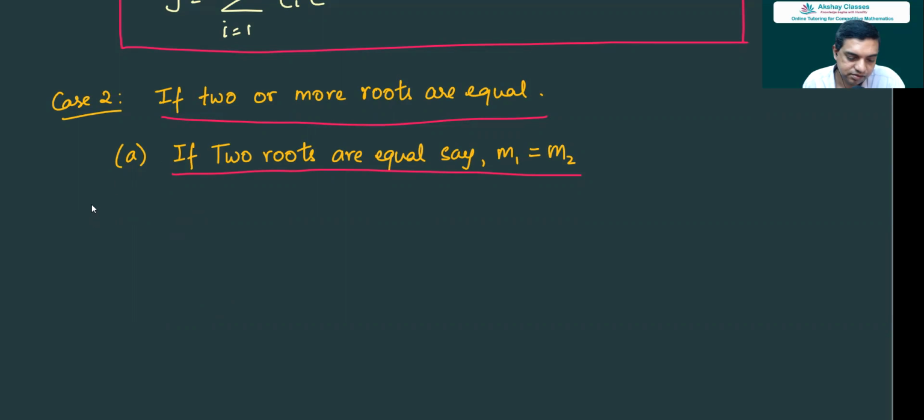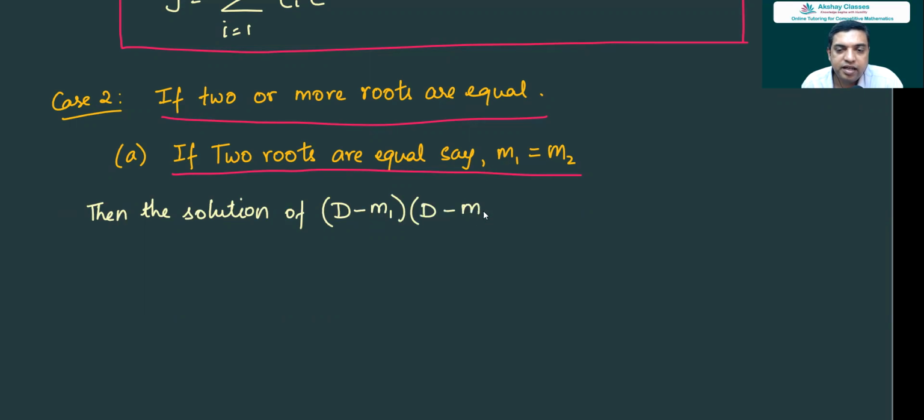Then the solution of (D - m1)(D - m2), which is (D - m1)(D - m1), times y equal to 0 will satisfy the differential equation.